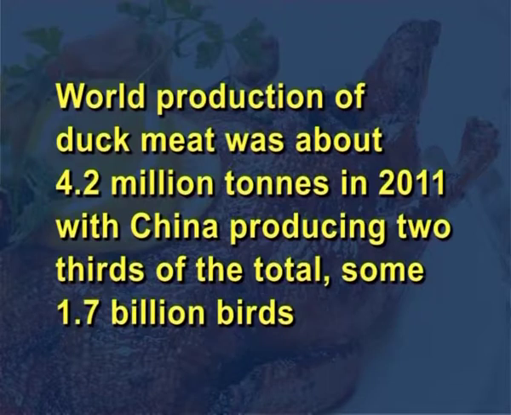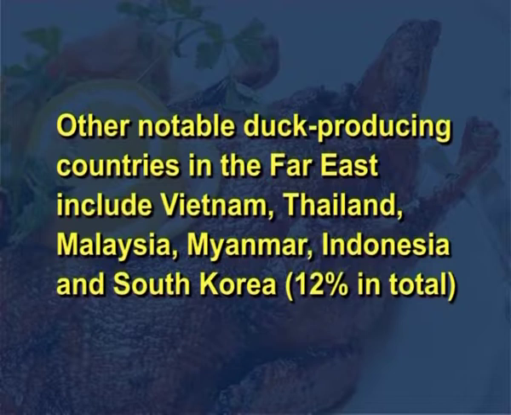World production of duck meat was about 4.2 million tons in 2011, with China producing 2/3 of the total, some 1.7 billion birds. Other notable duck producing countries in the Far East include Vietnam, Thailand, Malaysia, Myanmar, Indonesia and South Korea, 12% in total.